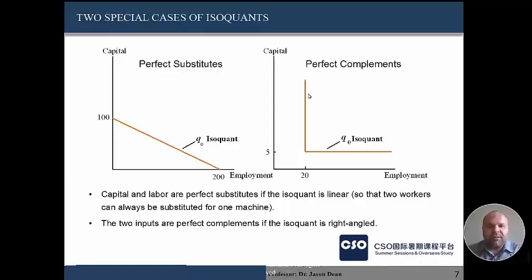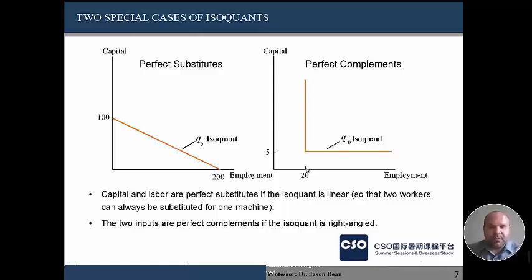Now on the right we have an isoquant that represents if the inputs are perfect complements. Okay, so for example, for this good, to make Q0 units, you need 5 units of capital and 20 units of labor in exactly those quantities.